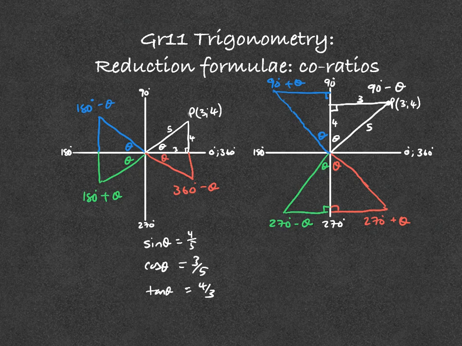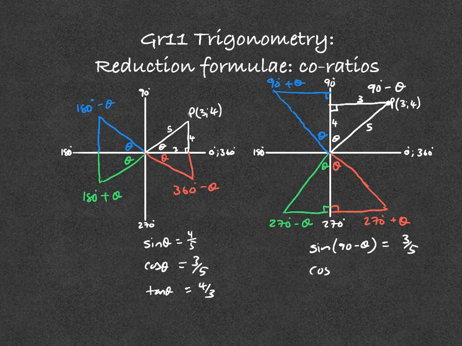So if I'm looking at sine of 90 degrees minus theta, right? So this is this part here, the 90 degrees minus theta, that angle there. What's going to happen if that is my reference angle? So sine then is going to equal 3 over 5.